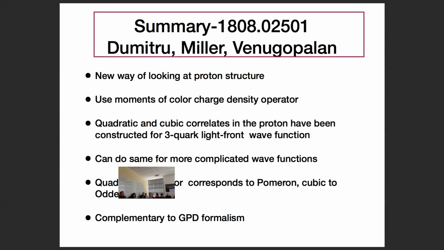As defined, it just depends on the matrix elements in the proton. So if you have a better proton wave function, you get better results for the correlators, for the two-rho and three-rho correlators in the proton.